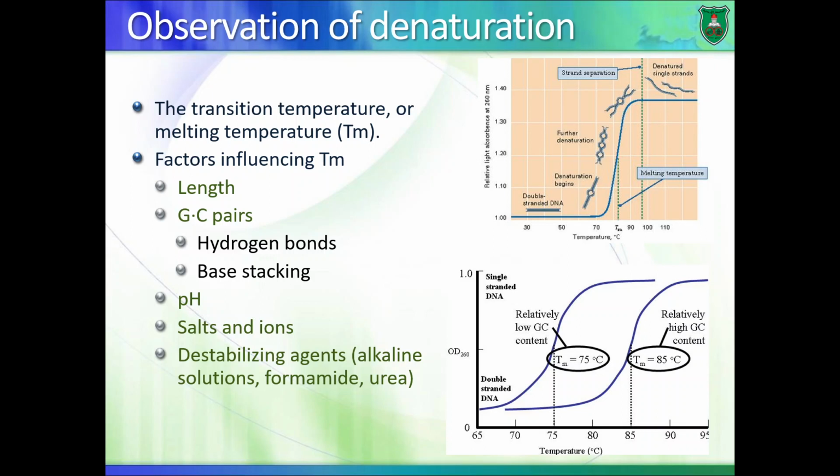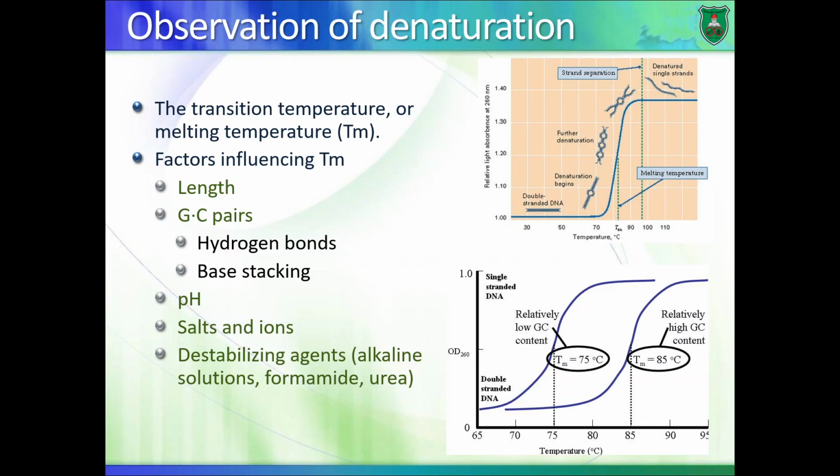Remember in the previous lecture how I said that DNA is a negatively charged molecule, it contains a lot of negative charges because of the phosphate groups, and that causes repulsion between these phosphate groups. So if we add salts and ions, the positively charged ions would mask the negative groups of the DNA. So, what do you think would happen?